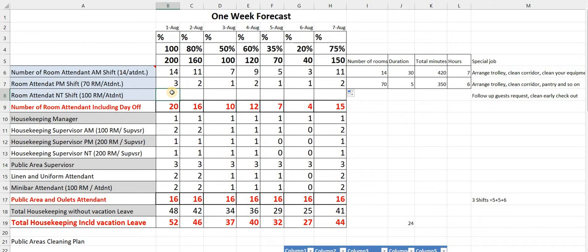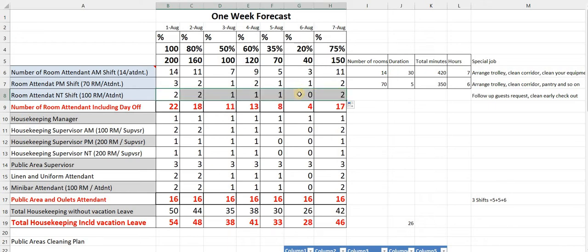Night shift, you need, of course, less staff, and assign 100 rooms for each room attendant. So 200 divided by 100 room equal 2 employee. When you have 50%, then you have only 1 employee.